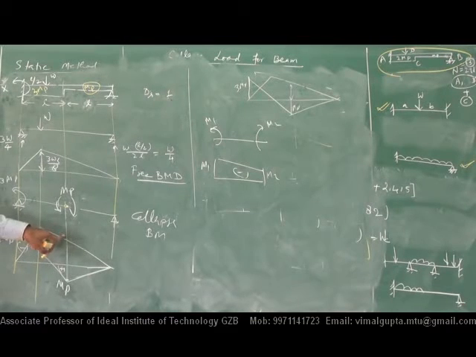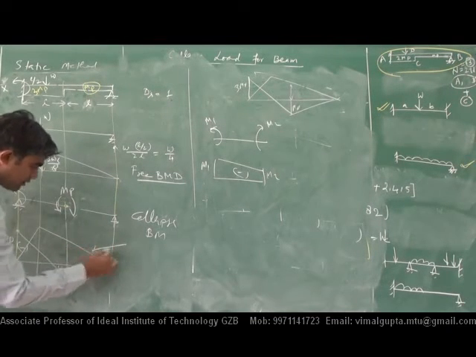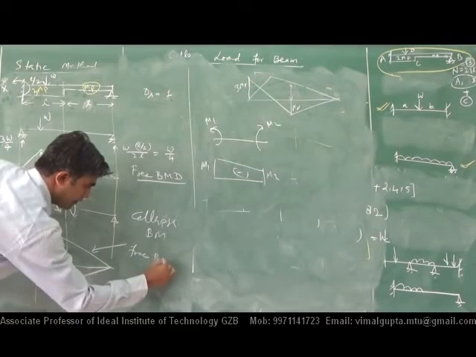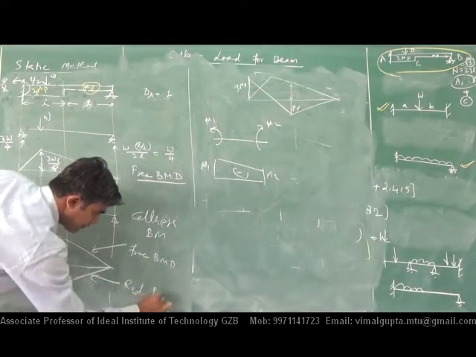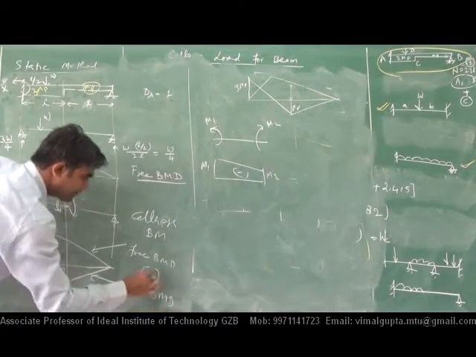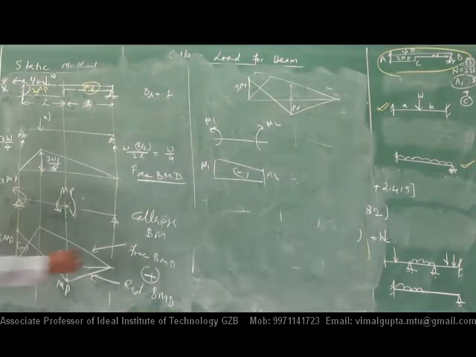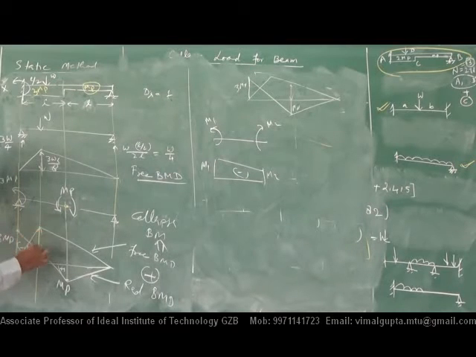This is free BMD, this is redundant BMD, and the final is collapse. Okay? So what can be that value? 3 MP.